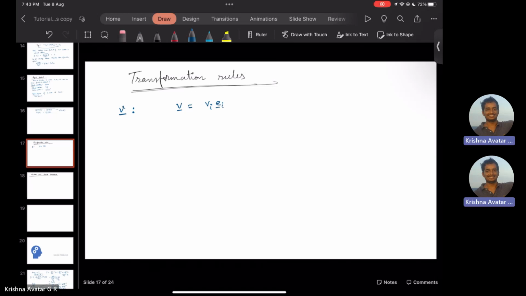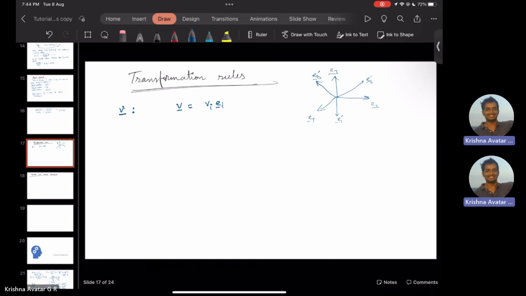Now say this coordinate system e_i is going through some transformation. Let me give you a schematic of what's happening here. Say you have this Cartesian system e_1, e_2, and e_3 undergoing some arbitrary transformation such that e_1 prime becomes this, e_2 prime becomes this, and the e_3 unit direction becomes this.